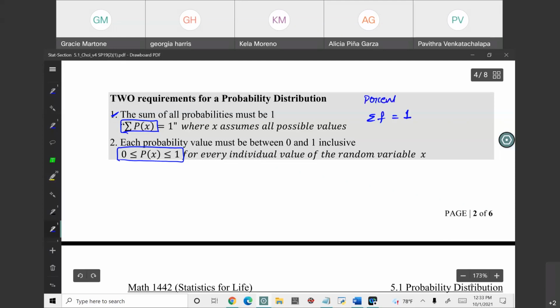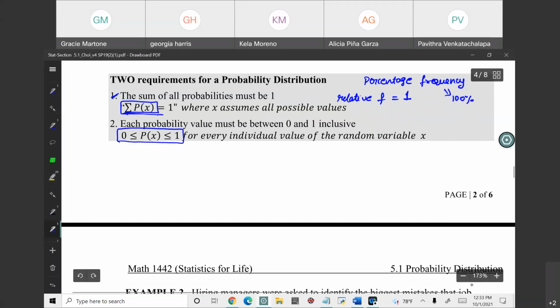Right? Because percentage frequency, or we should call this relative frequency. Relative frequency was equal to 1, or in percentage terms, 100%. In the same way, just replace frequency with probability. Then when you add all the probabilities, you have to get the value as 1.